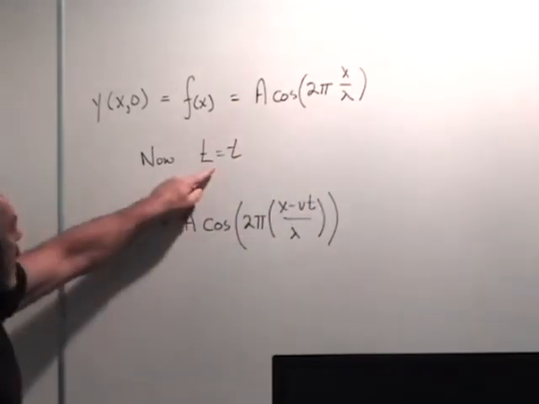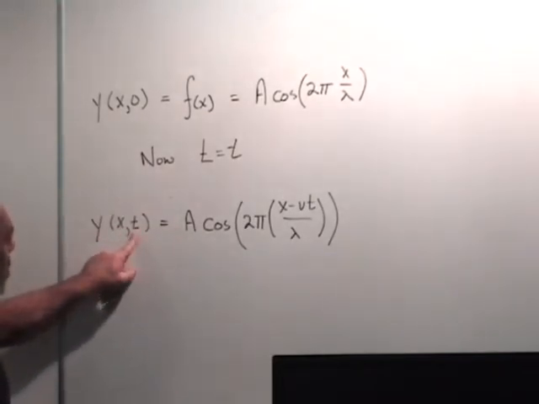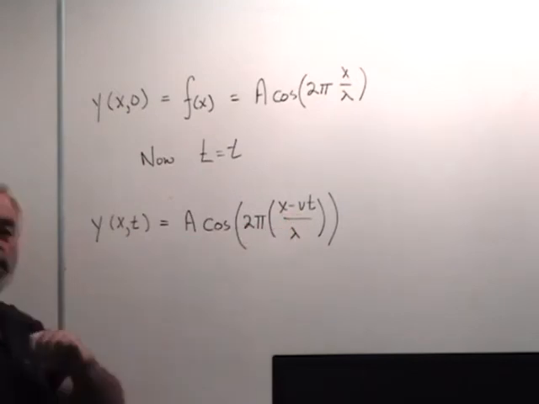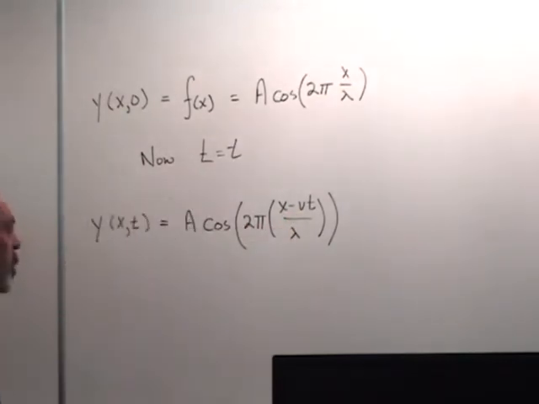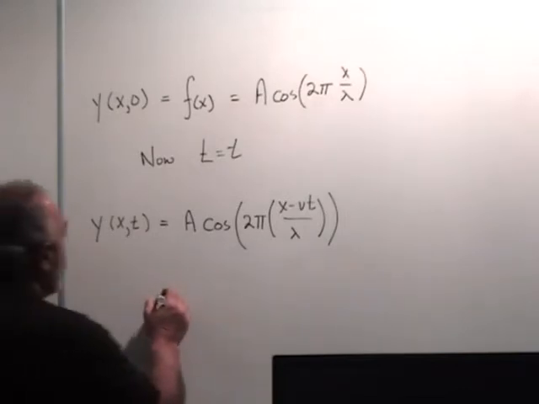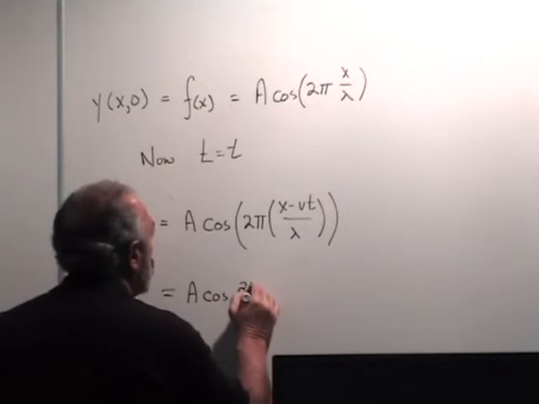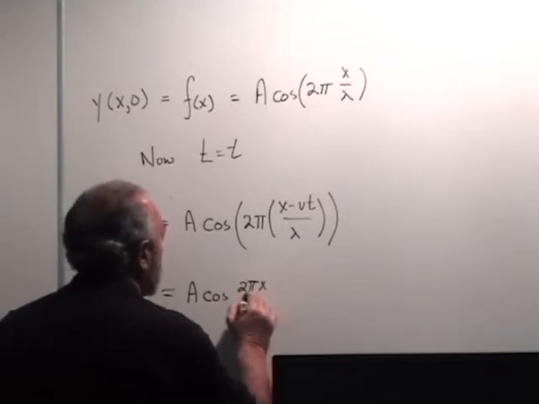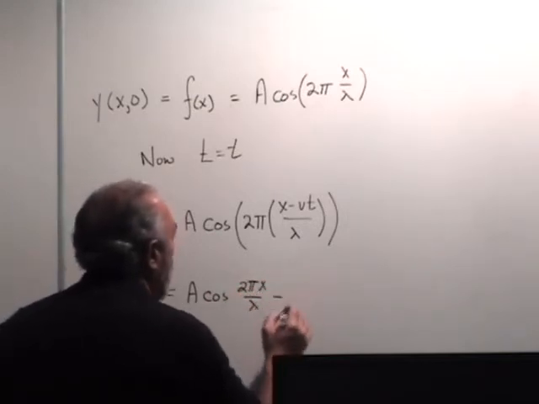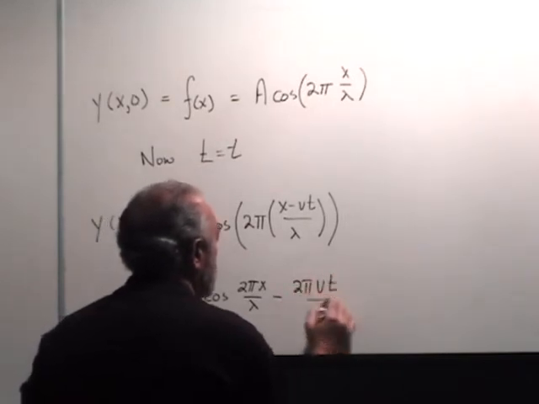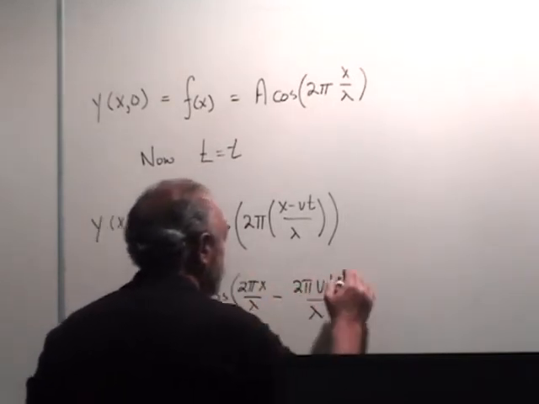Then, sometime in the future, to put the t right here, all you do is replace x with x minus vt, since we're moving forward. Well, great, let's figure out what that looks like. Let's clean it up a little bit. What we have now is a cosine of 2 pi x over lambda minus 2 pi vt over lambda.